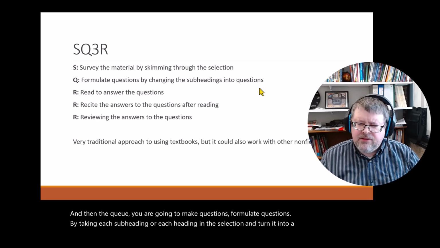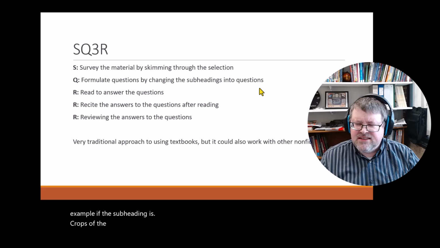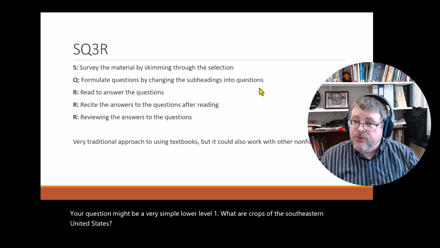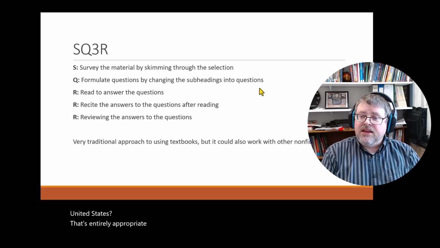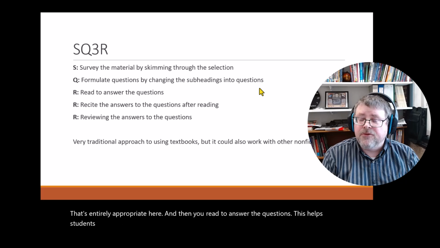So, for example, if the subheading is crops of the Southeast United States, your question might be a very simple lower level one. What are crops of the Southeastern United States? That's entirely appropriate here. And then you read to answer the questions. This helps students set a purpose for reading.